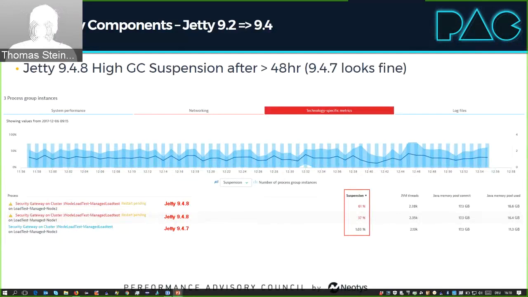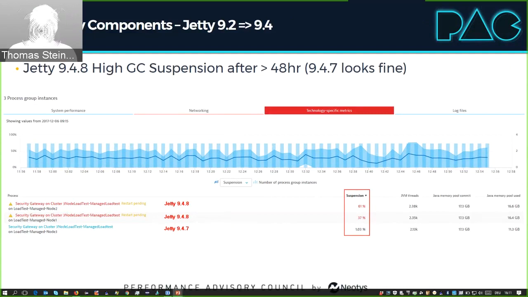Another example is that we are using Jetty as embedded web server. Switching to 9.4 was a big thing regarding throughput. So a lot of things changed here positively. But what we did see then was a big surprise as well, because we see a huge difference here in minor versions, so 9.4.7 versus 9.4.8.